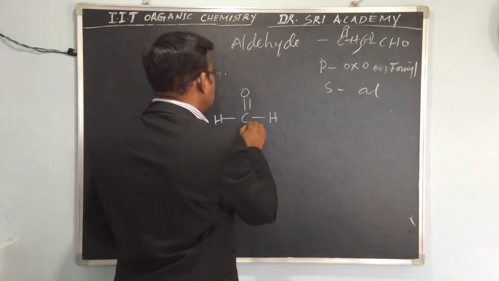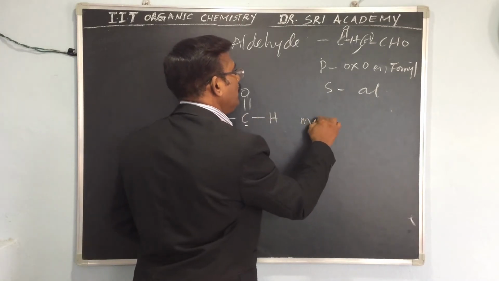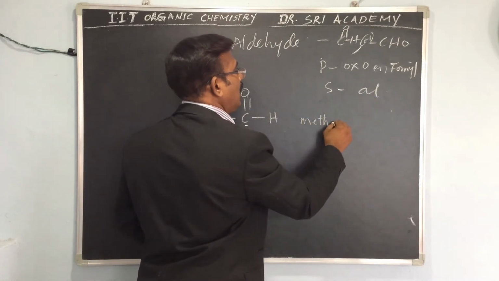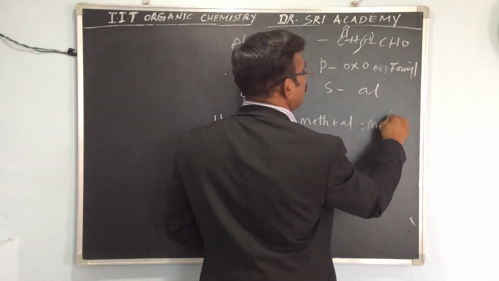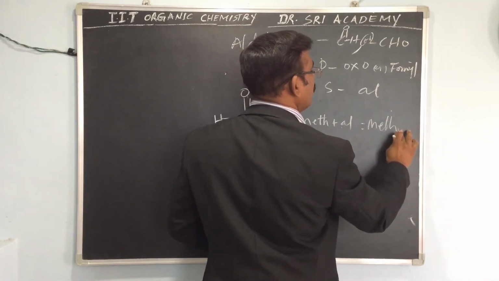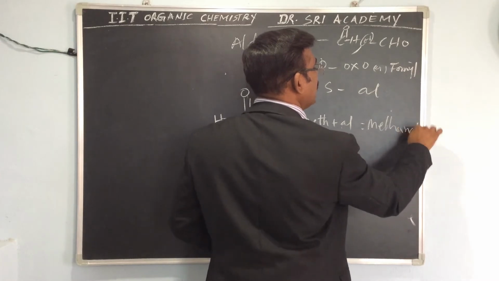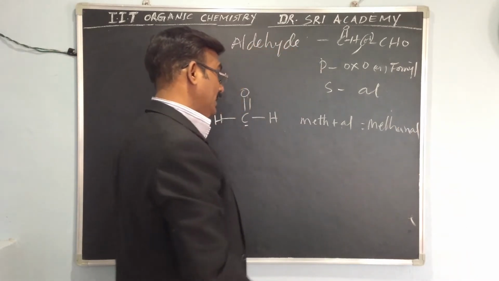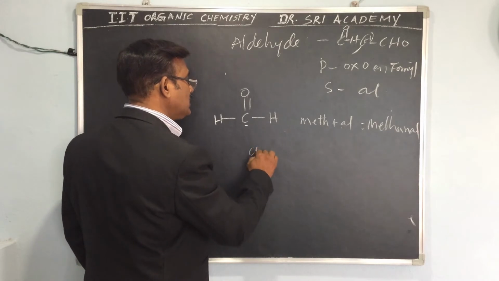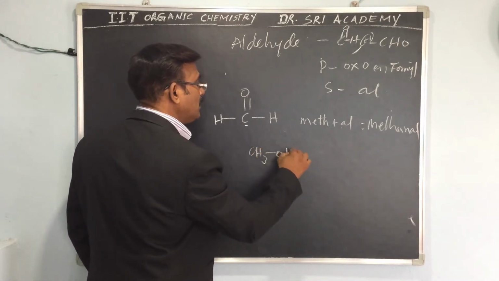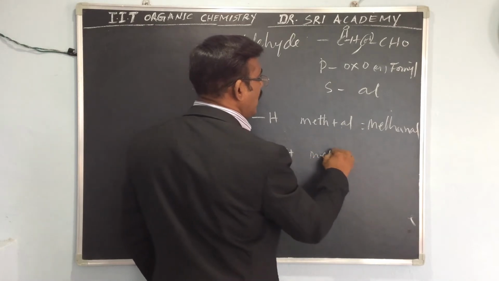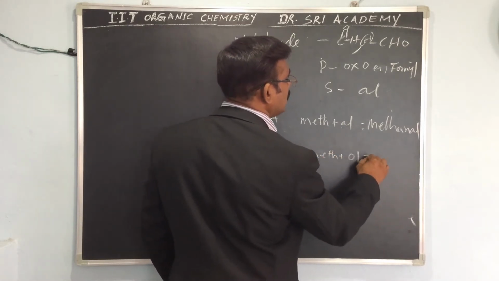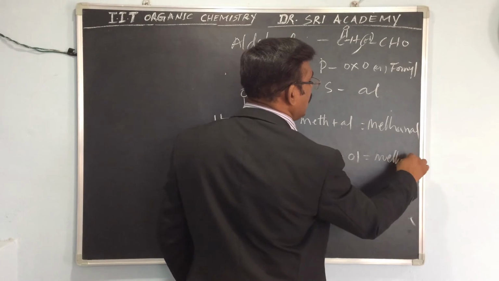Meth is the one carbon, plus al, so methanal. Not methanol, CH3OH, that is meth plus ol, which is an alcohol.